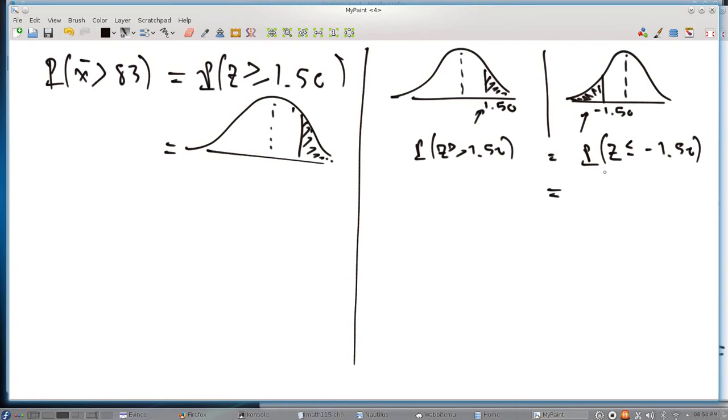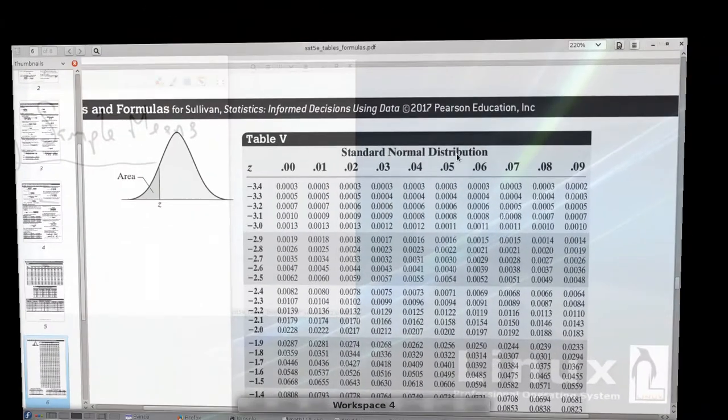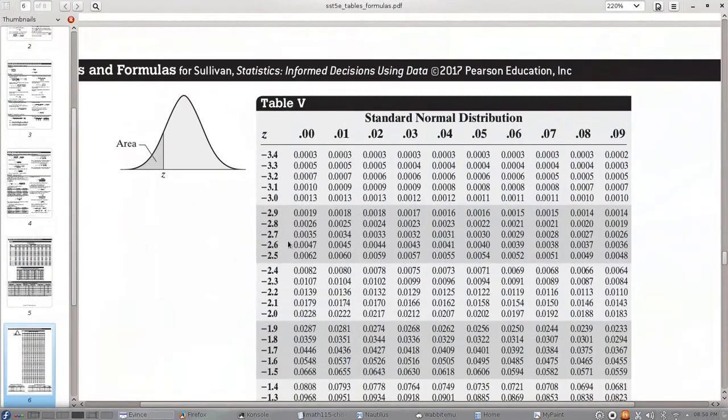And now I can use this to look up the table, because right now my expression exactly resembles the expression that the table provides, which is z to the left of a certain value. Alright, so I'm going to the table and just read that. Negative 1.50, the first column provides 1.50, which is 0.0668.